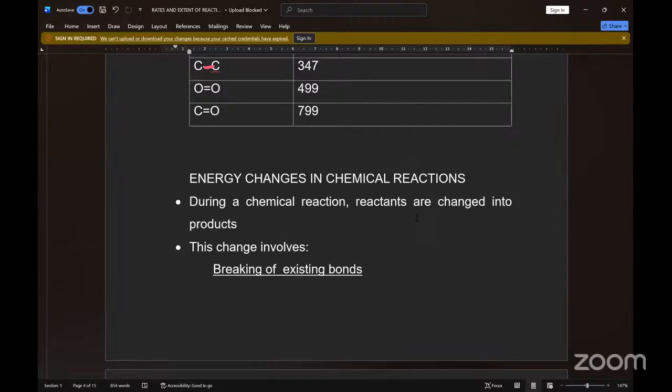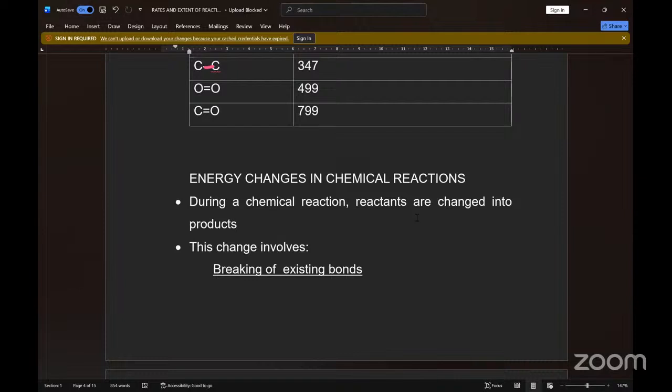The first one involves the breaking of existing or old bonds. Like I said, every substance contains a bond. So if you are going to react one substance and the other, you first have to break the old bonds before you form new ones. So the first process is breaking of bonds. Now, breaking of bonds requires energy.